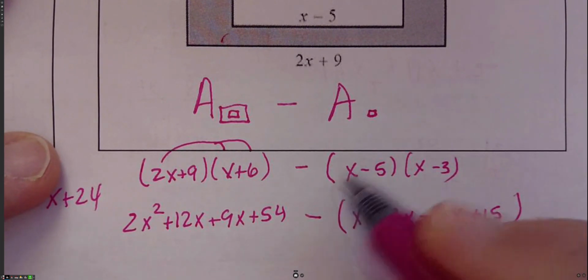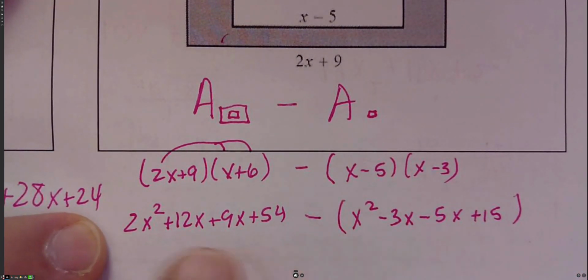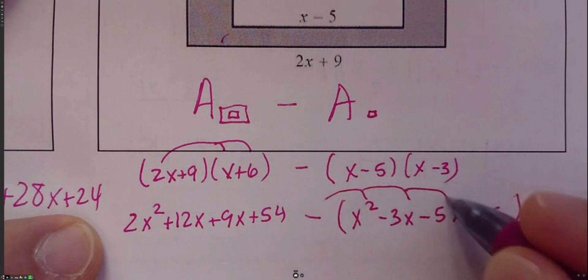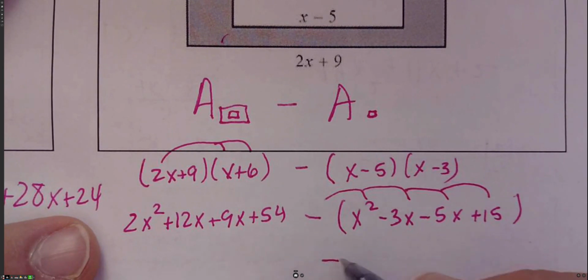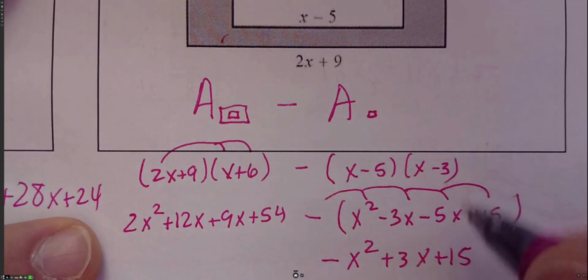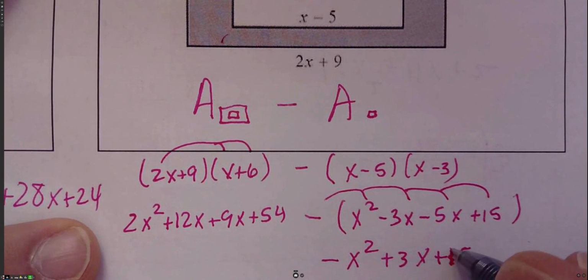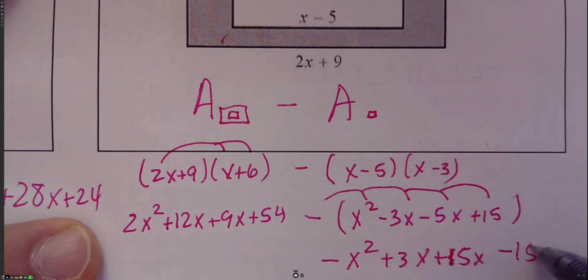I taught you that I don't like the minus in there. Then I have to go 2x squared minus that, and 12x minus that. So I like to just distribute that in and change it to plus because it's just going to make life easier on me. Oh, what did I do? Plus 15 or 5x minus 15.